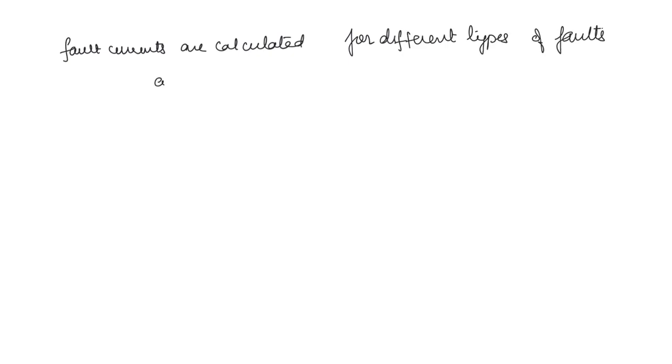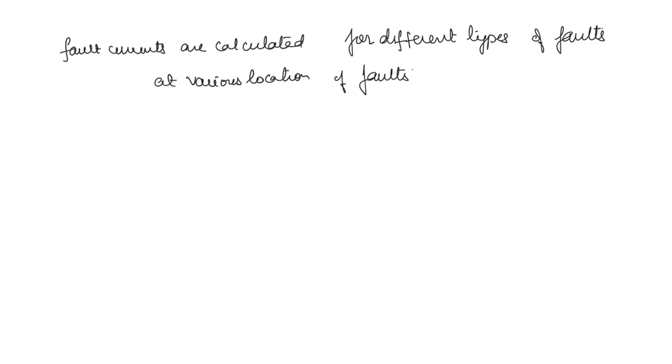Now what do we do in fault analysis? What is the purpose of fault analysis? The fault currents are calculated for different types of faults. And one more important factor is the location of fault, so at various locations of fault.